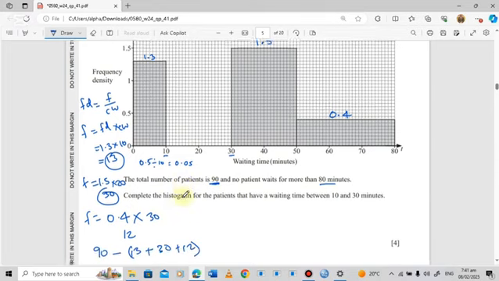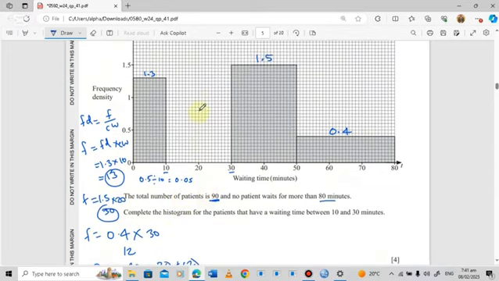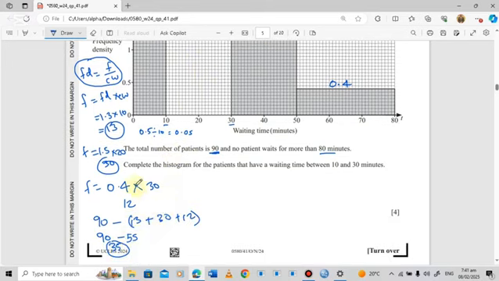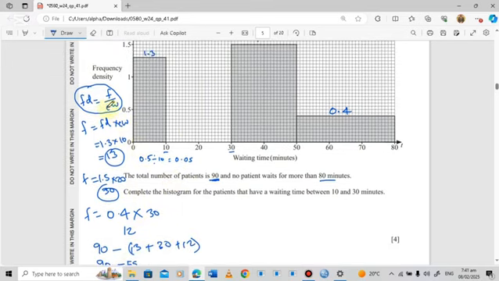All right, now for us to draw the missing bar here, we need to know the frequency density. So that's when we are going to use this formula: frequency density is equal to frequency over the class width.